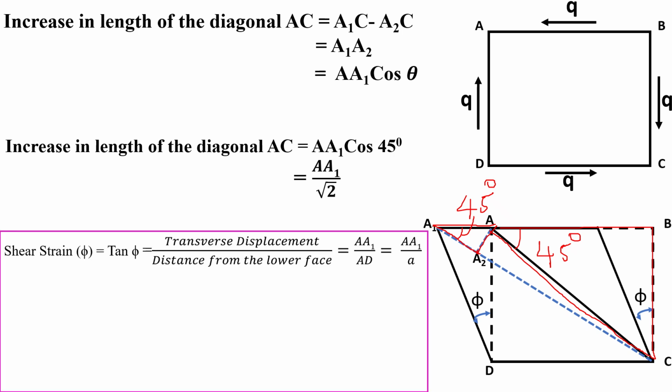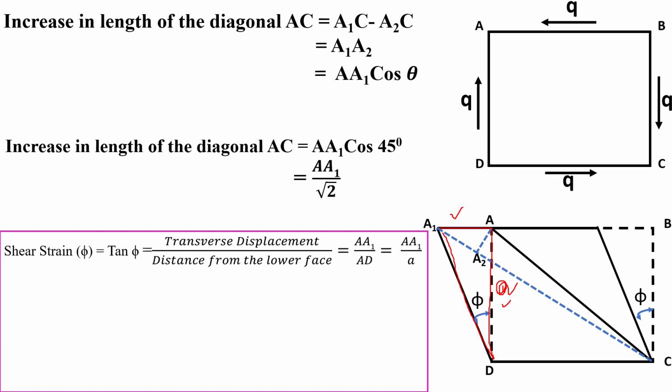Next we discuss the shear strain when the block is subjected to a pure shear. For this we consider the right angle triangle A1, A and D. From this right angle triangle, tan phi equals the transverse displacement divided by the distance from the lower face, that is AA1 divided by AD. We know that the AD value is small a. Then tan phi equals AA1 divided by small a.